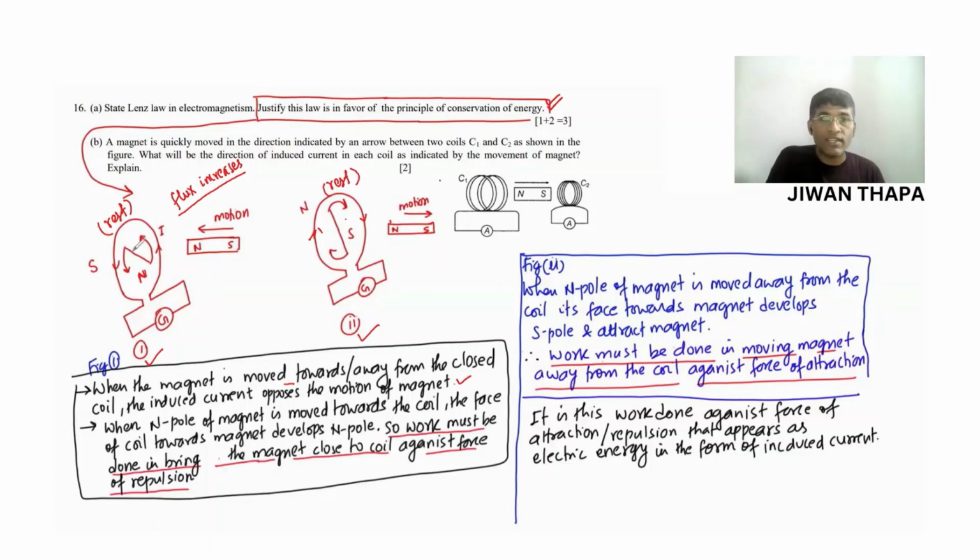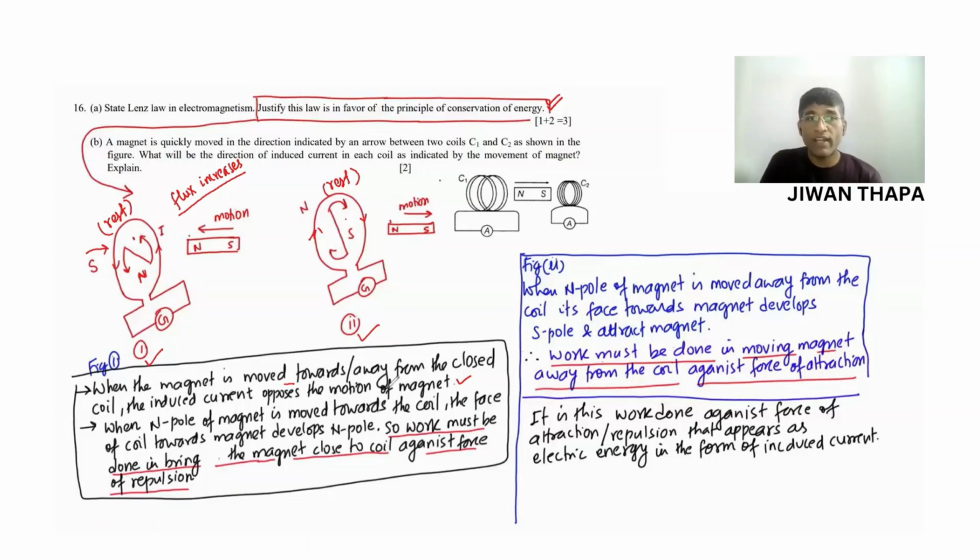So for that reason, the face of the coil facing the north pole of the bar magnet behaves as a north pole. Clear? If this face of the coil behaves as a north pole and the opposite face, the back side, behaves as south, then due to north and north there exists repulsion.